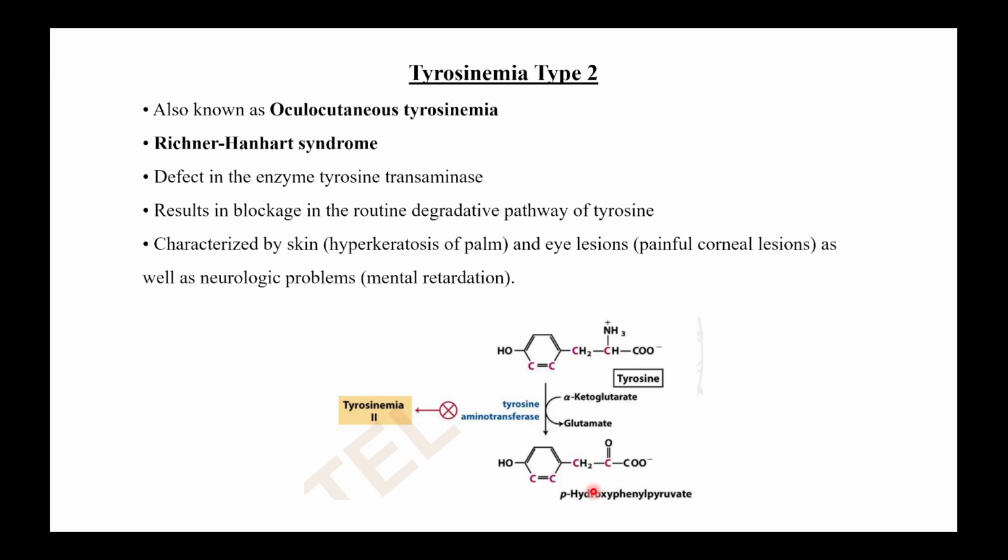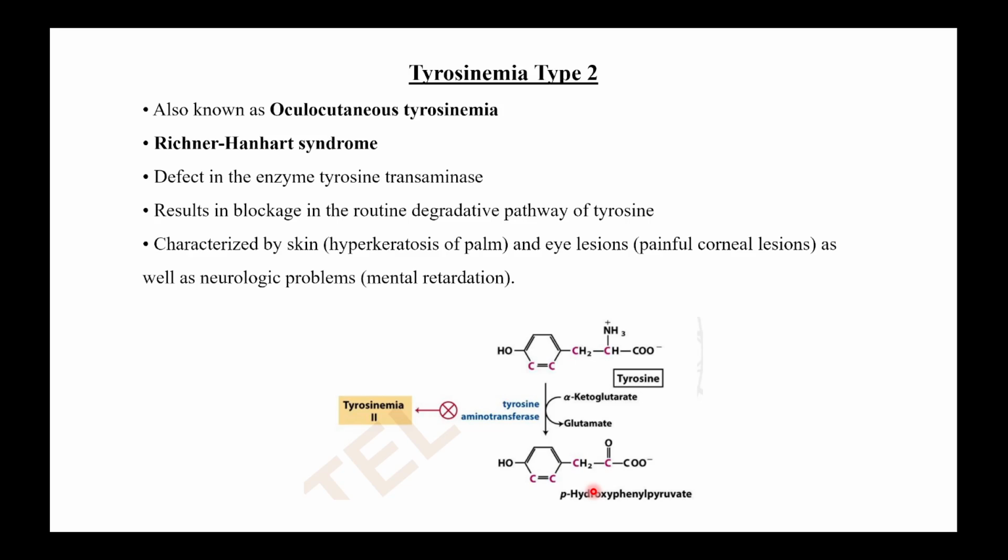If there is a deficiency or a defect in this enzyme, what will happen? Tyrosine will not be able to be further metabolized and tyrosine will start accumulating. The condition that develops due to the defect in this enzyme is tyrosinemia type 2.